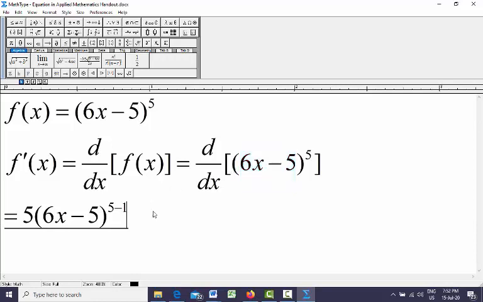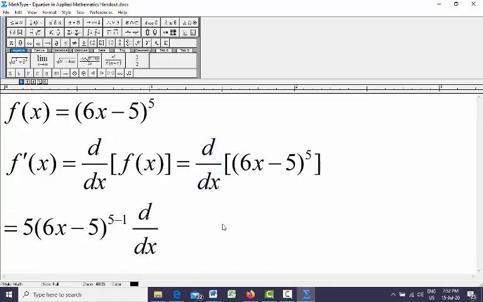Now you need to do the differentiation of the inside materials. Inside you have 6x minus 5.